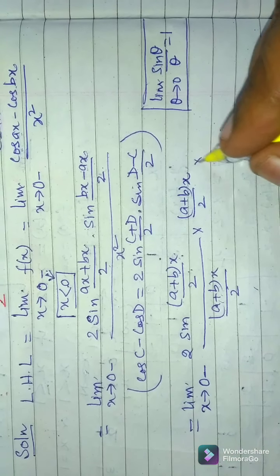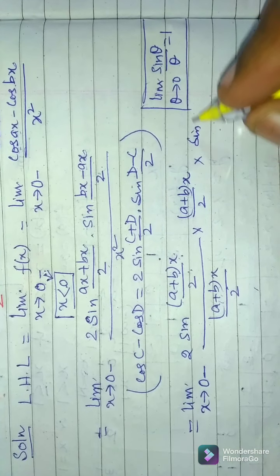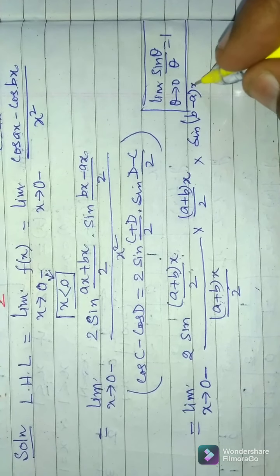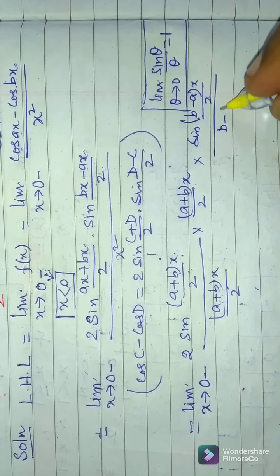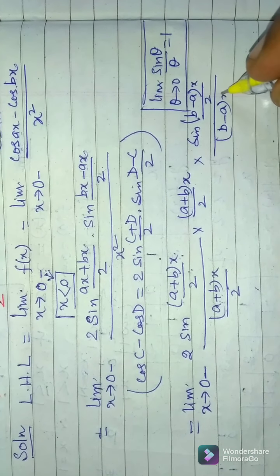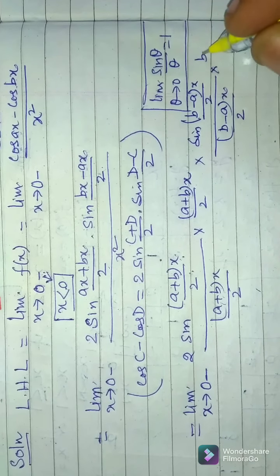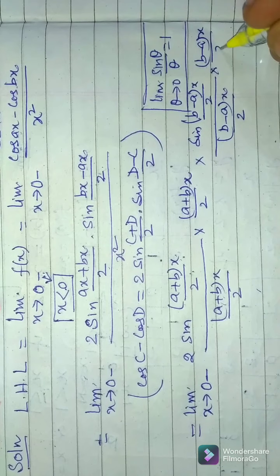And the second one, sine, we take x common: sine of (b minus a) into x upon 2, divided by (b minus a) into x upon 2, then multiplied by (b minus a) into x upon 2.